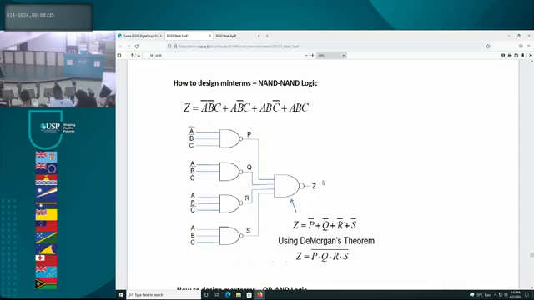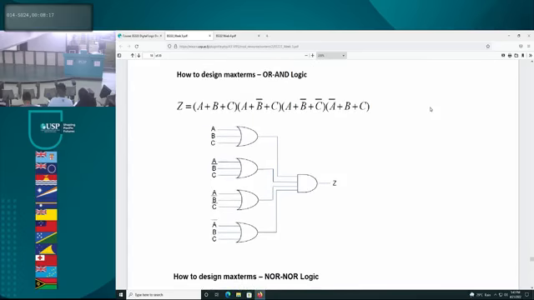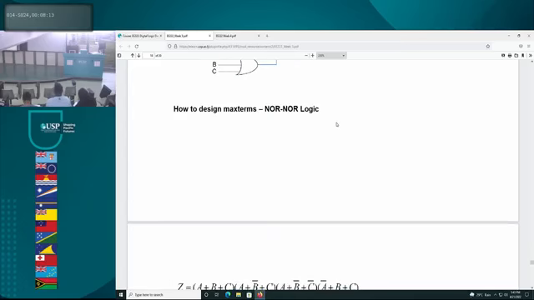So, NAND realization. And what do you use? You use De Morgan's theorem. You put a double bar on top, you break the lower bar. If you've missed out on Tuesday and Wednesday's lecture, you'll start to feel it. And again, this is OR-AND logic.